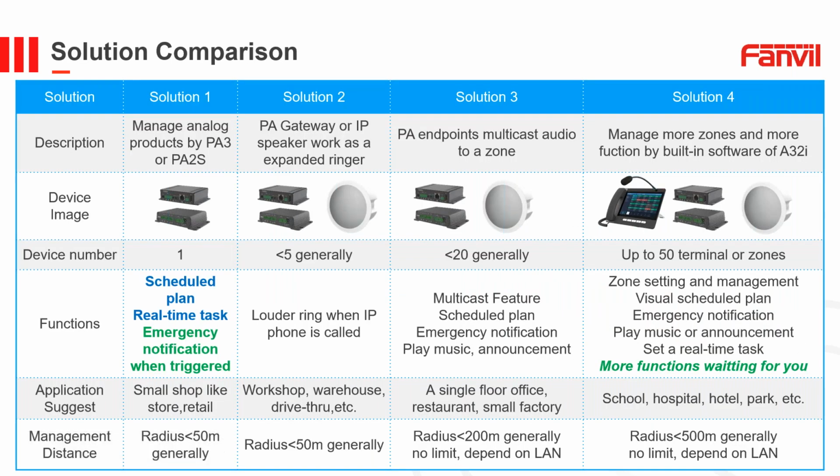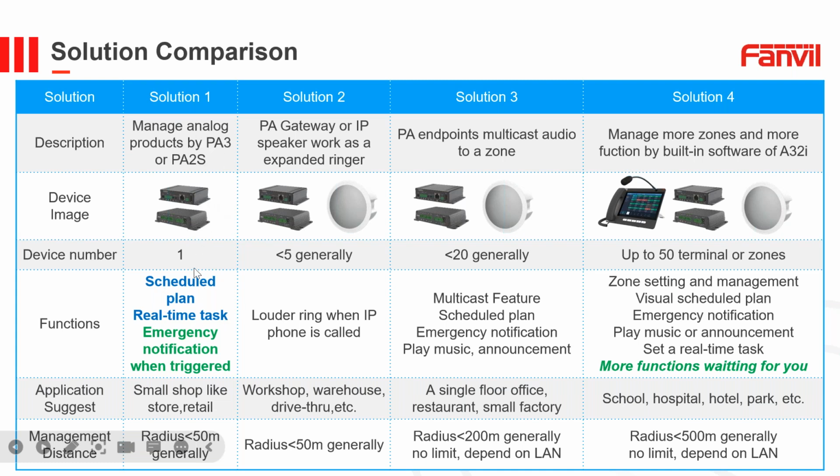So this page is the solution comparison, and we can do a quick review. Let's start from solution one. You can use our PA2S and PA3 to manage analog products like amplifiers or speakers. You can set a schedule plan and real-time task on its web.